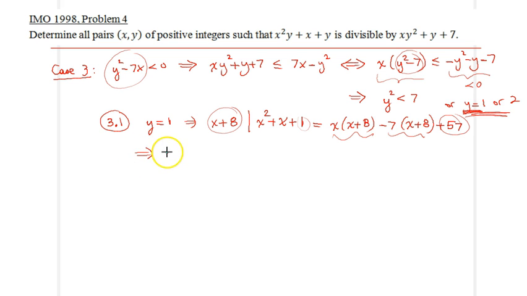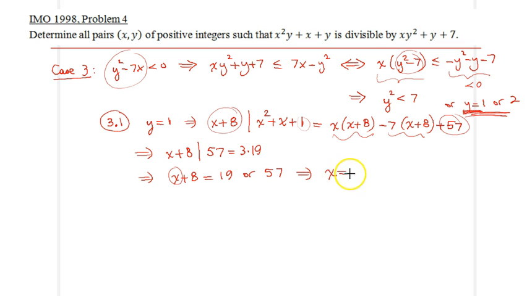So this suggests that x plus 8 divides 57, which is simply 3 times 19. So this implies that x plus 8 is either equal to 19 or 57, since x is greater than 0, suggesting that x is equal to 11 or 49 actually.